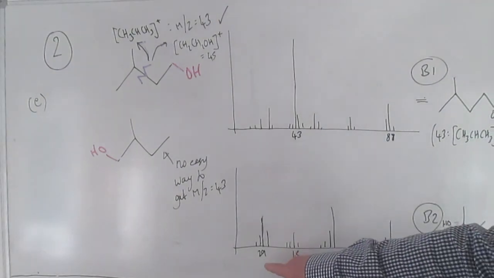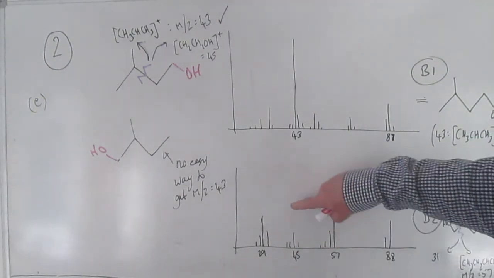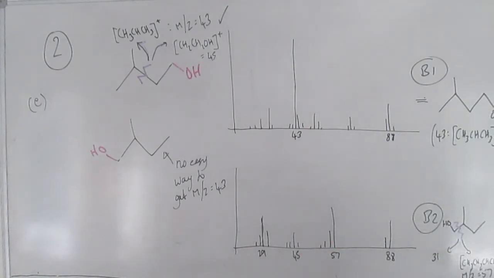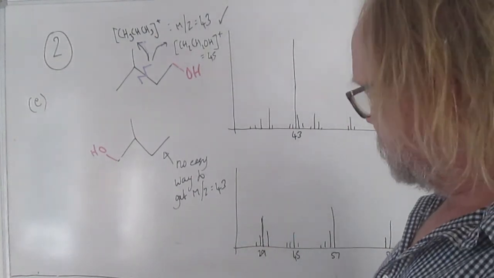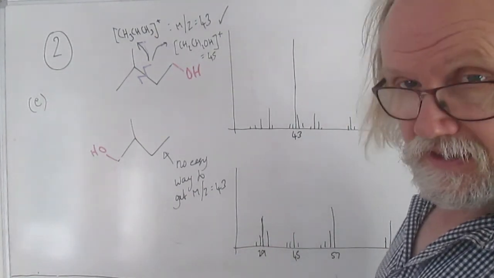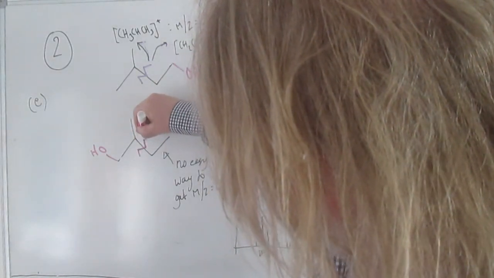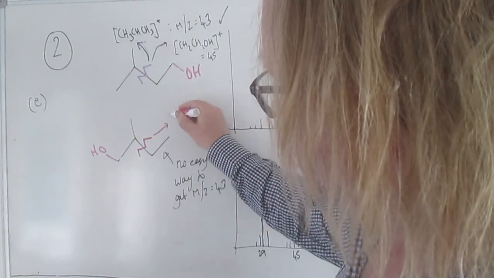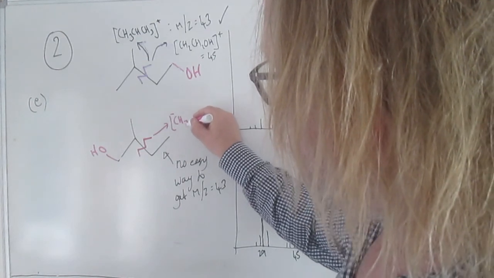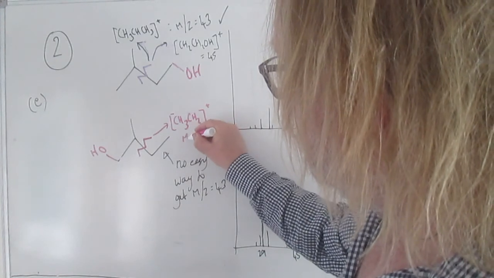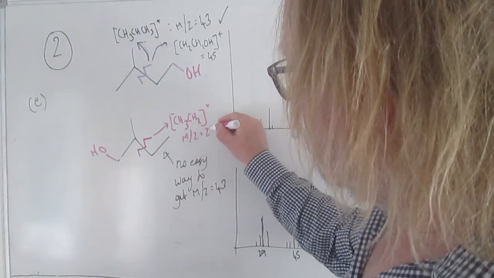The 29 peak though, which is the second most intense of the fragment peaks here, actually is useful, because you can see where that comes from. 29 is consistent with an ethyl group, CH3CH2, so if this breaks here, you can get CH3CH2 plus, which gives you an m/z of 29.